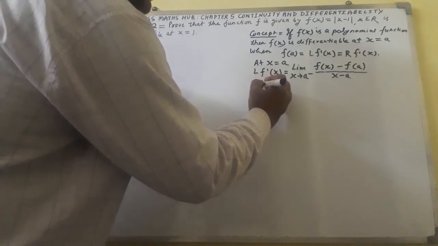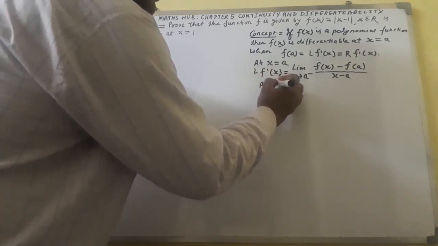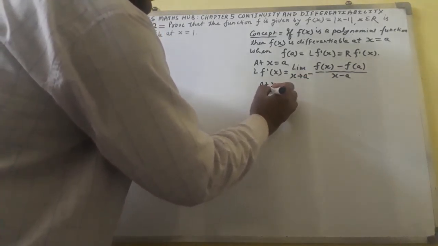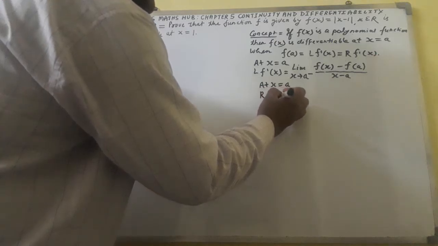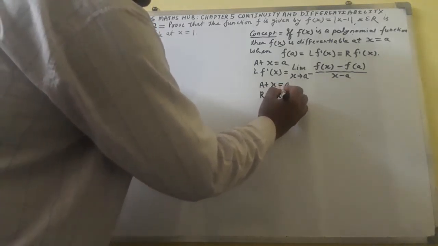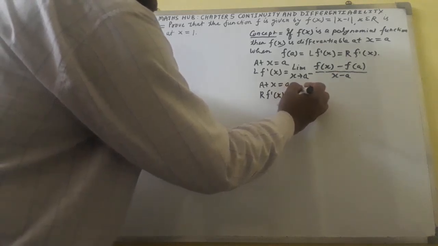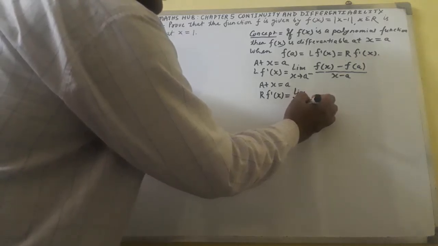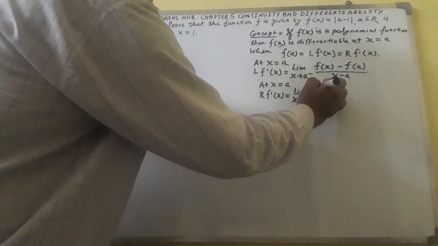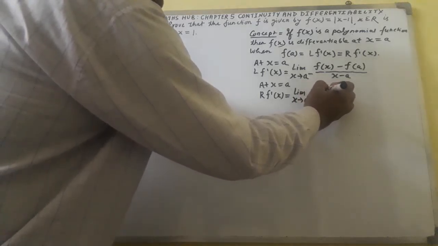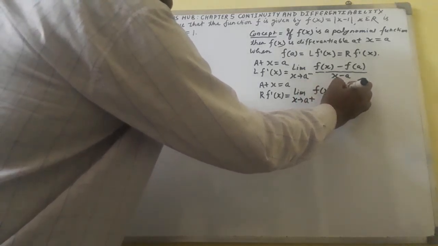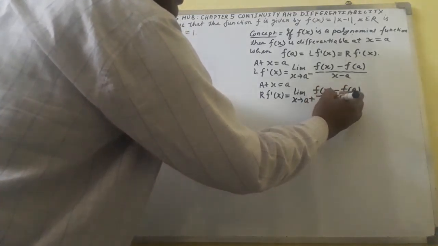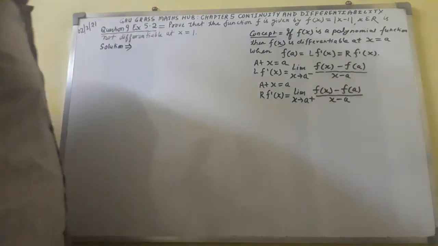And also at x equal to a, right hand derivative equal to lim x tends to a positive, f of x minus f of a whole over x minus a.